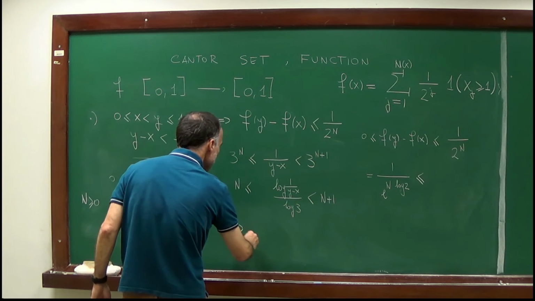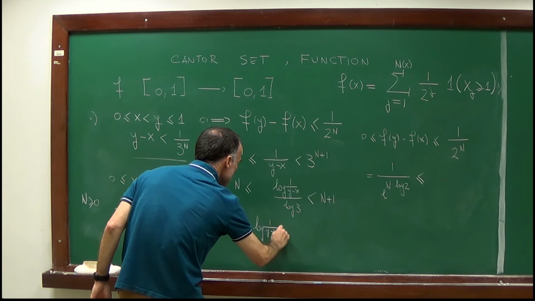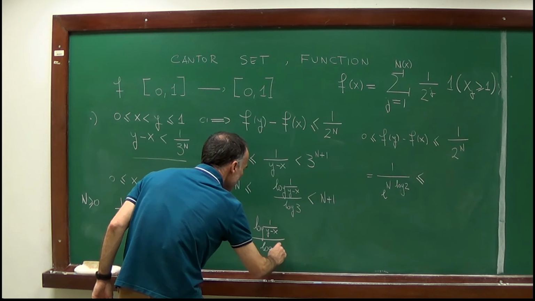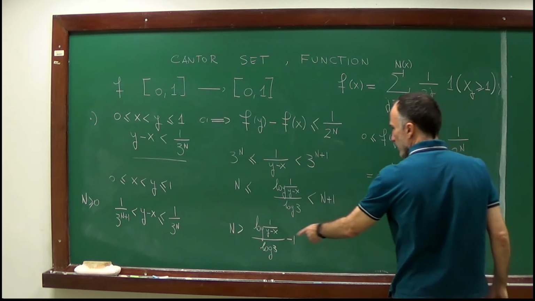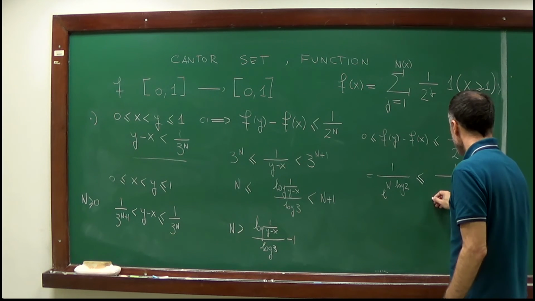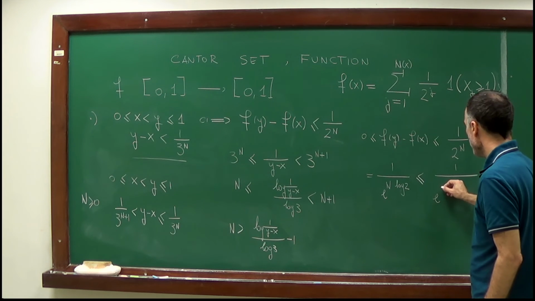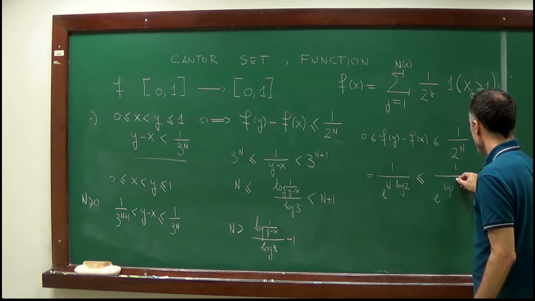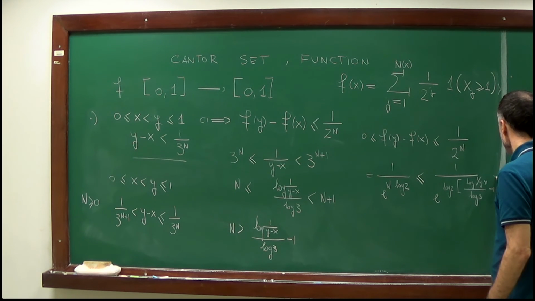So n is larger than this expression, which is log of 1 over y minus x divided by log 3, minus 1. And let me replace, therefore, n by this expression. So this is less or equal than exponential, I'm replacing n by this expression here, so I have log 2 multiplying log of 1 divided by y minus x, divided by log 3, minus 1.